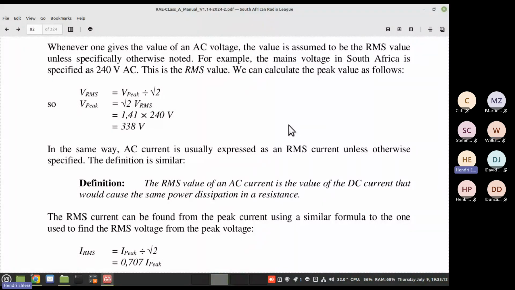Okay, we've come across this. The RMS value of an AC current is the value of the DC current that will cause the same power dissipation in a resistance.